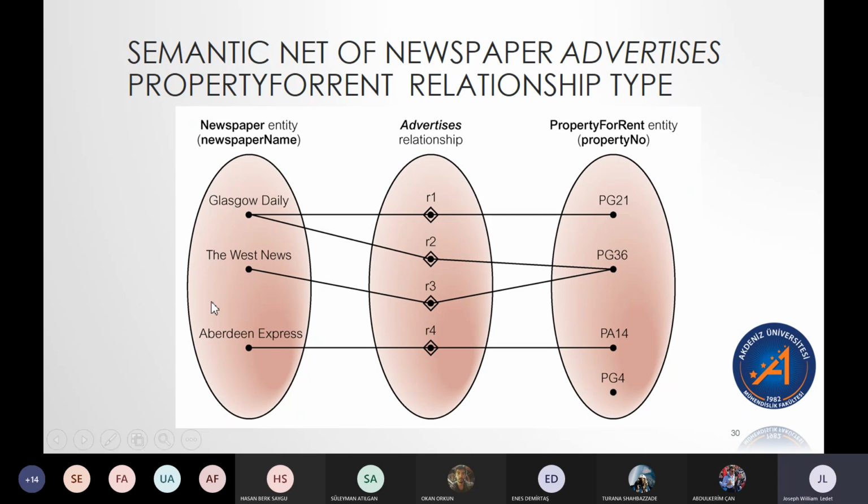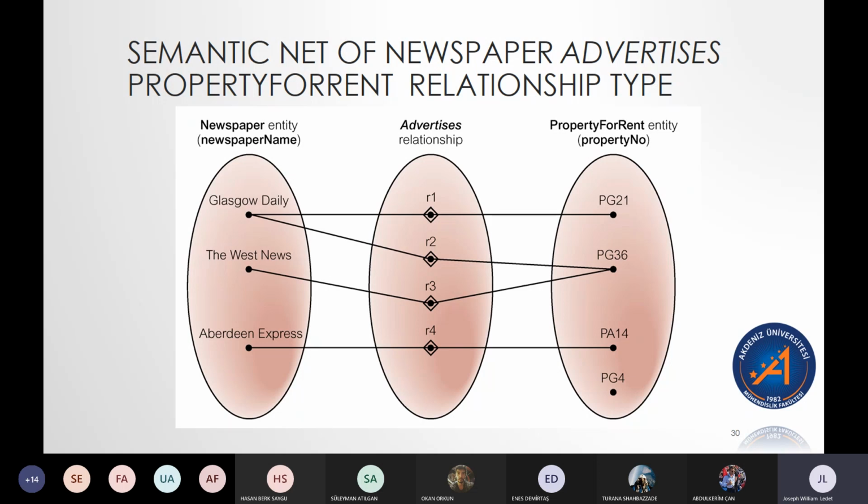Because I'll tell you, when we look at how this would be represented in an ER diagram, participation on the newspaper side is required for our system. Why do you think we require participation by the newspaper?